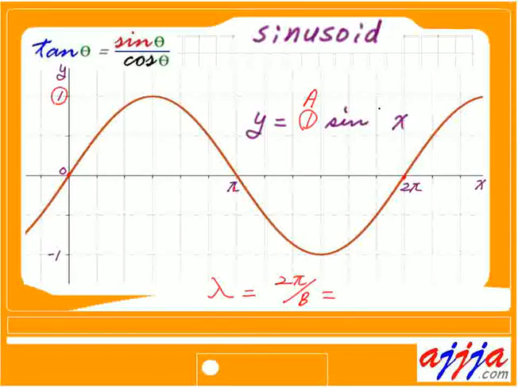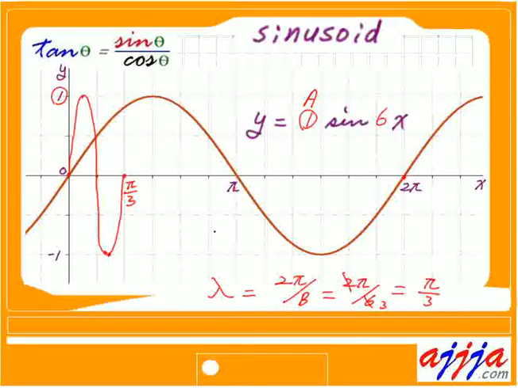What about this one? B value, let's use 6. That means 2 pi over 6, which is 1/3, so pi over 3. That means we're going to put one full cycle inside of pi over 3.